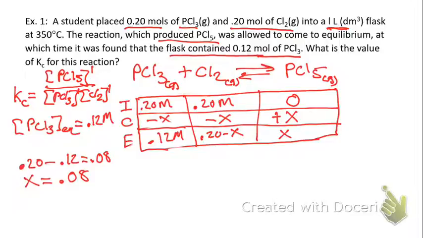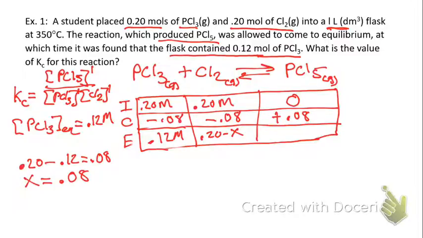So I can now substitute my x value into each one of these situations. Erase that and put in 0.08, 0.08, and 0.08.